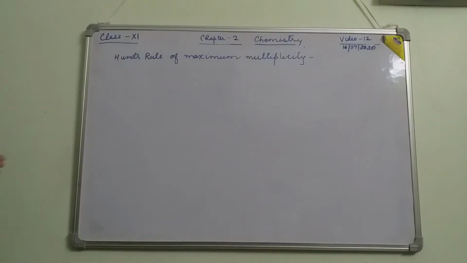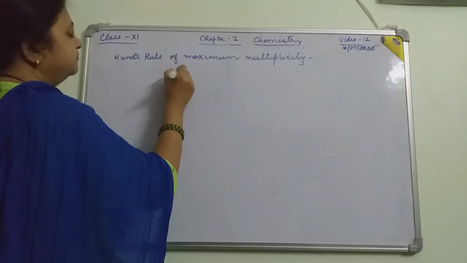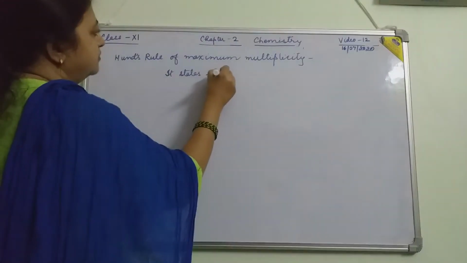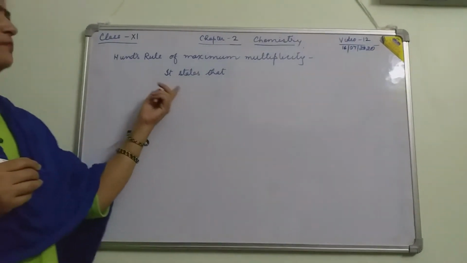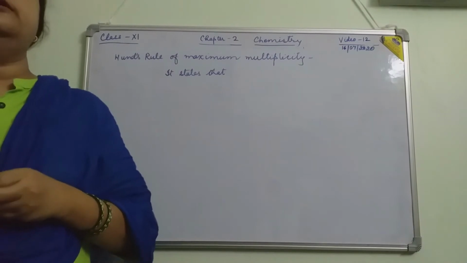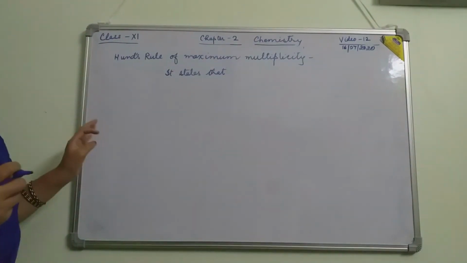Hund's rule of maximum multiplicity states that when orbitals are filled, they are filled in a parallel manner. Electrons are always filled in a parallel manner in an orbital.